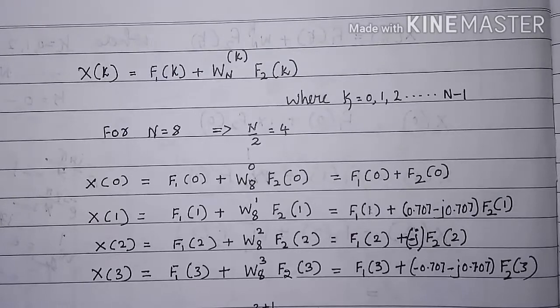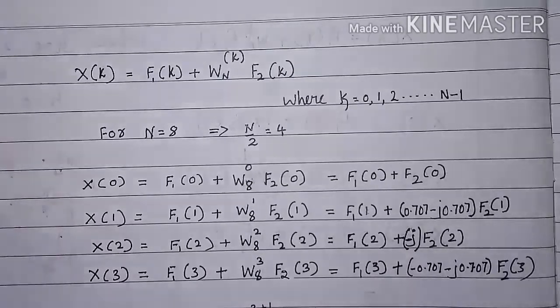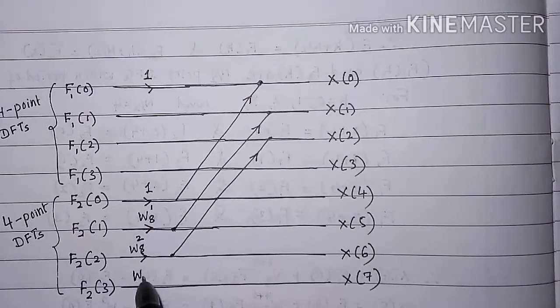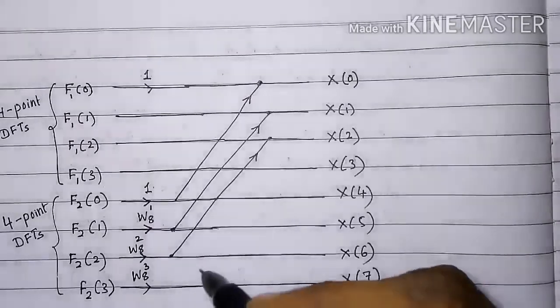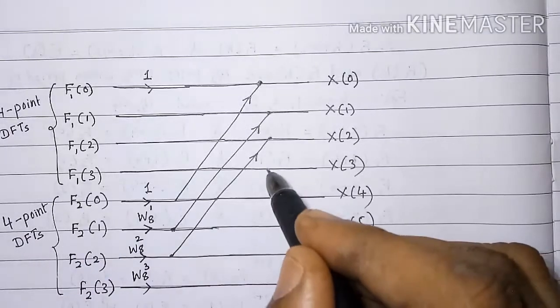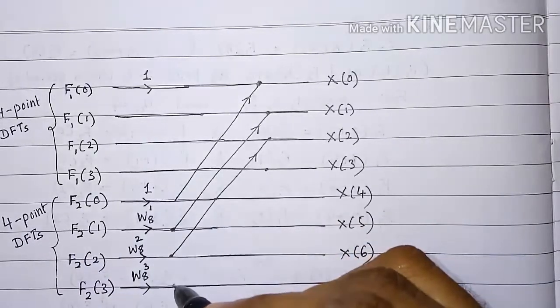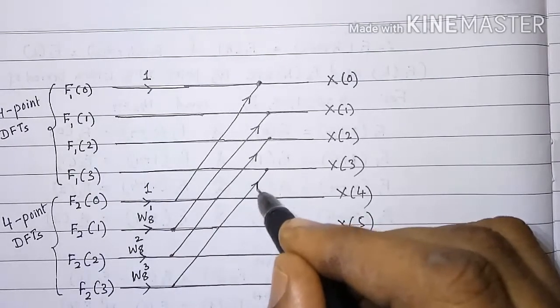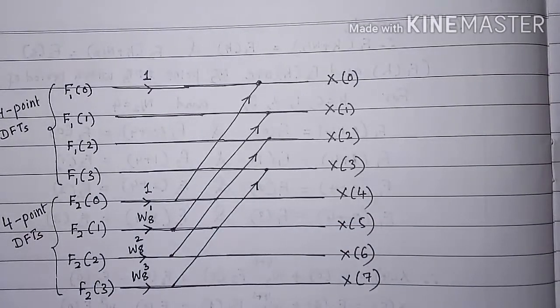That we will write in butterfly diagram. So f2 of 3 into w8 raised to 3 plus f1 of 3. That will write here.